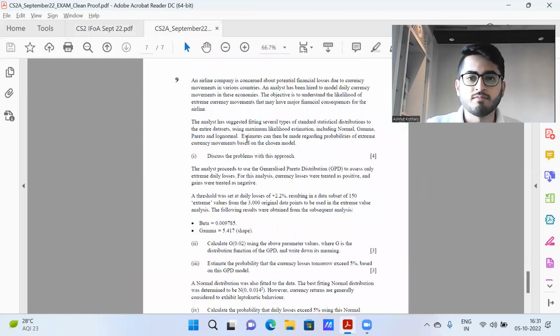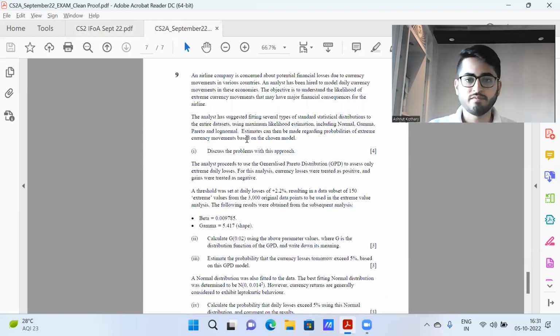Next, we have question number 9, which is from extreme value theory. Again, here specifically, I'll say in part 3, most of the students whose answer script I was able to see have made a mistake. That the question asks it should be more than 5%. If we are using the threshold exceedance model, so what we do is x minus u given x is greater than u.